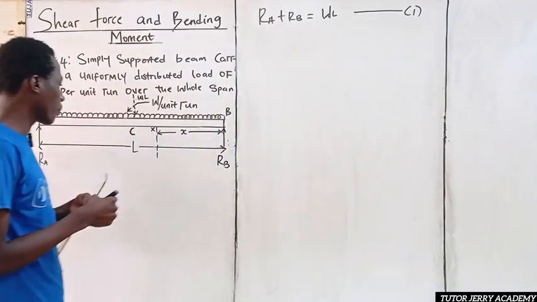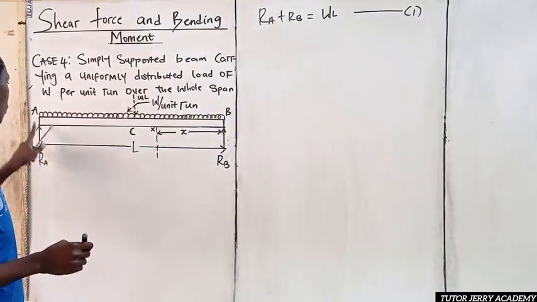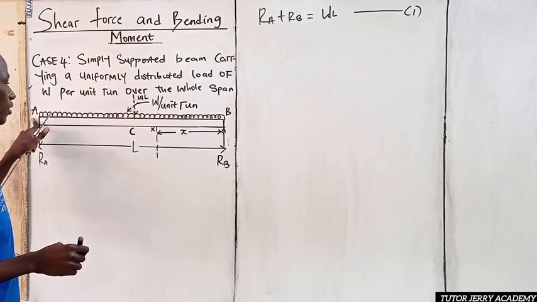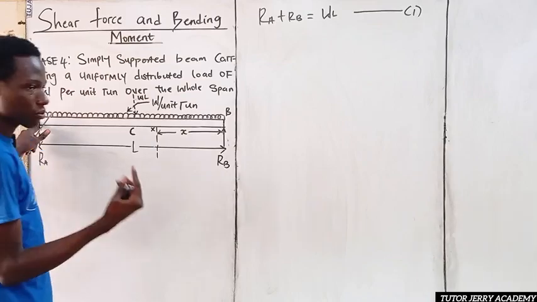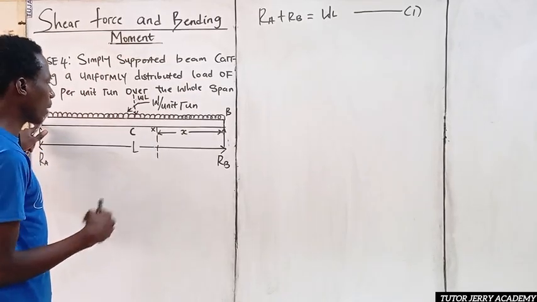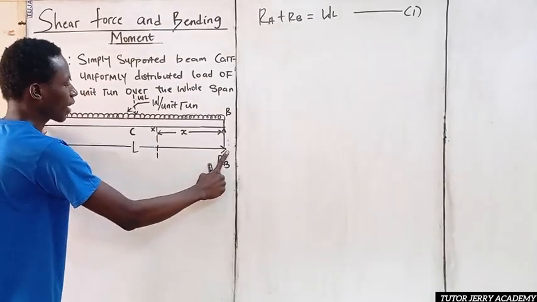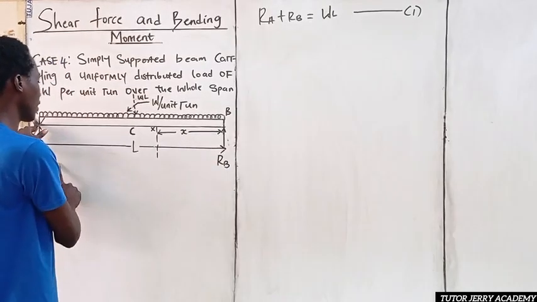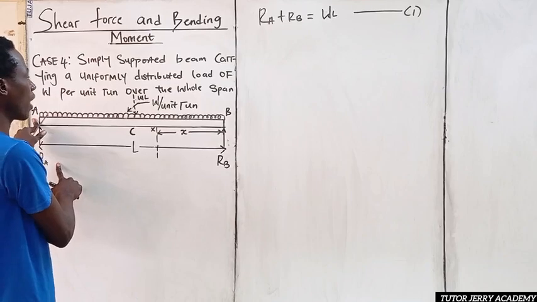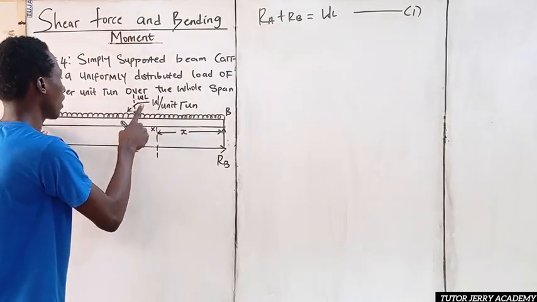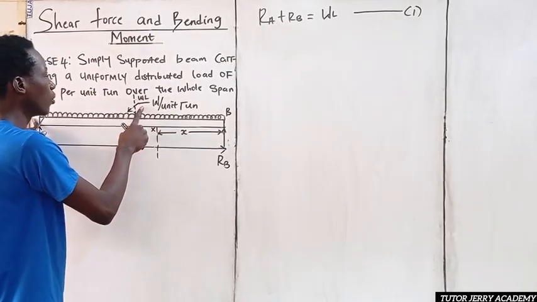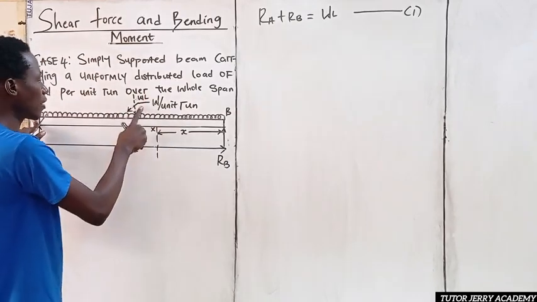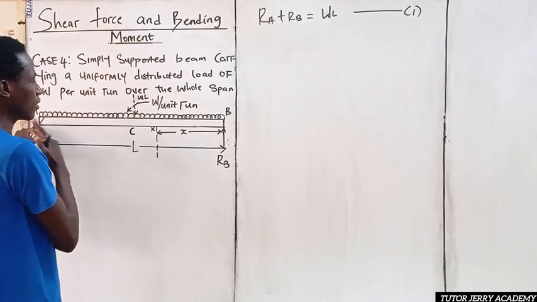Next we are going to be taking a moment about point A. We know moment is nothing but force times perpendicular distance. So this is going to be RB multiplied by the distance L. Then we have our load, which we have converted to a point load, WL, multiplied by its distance.